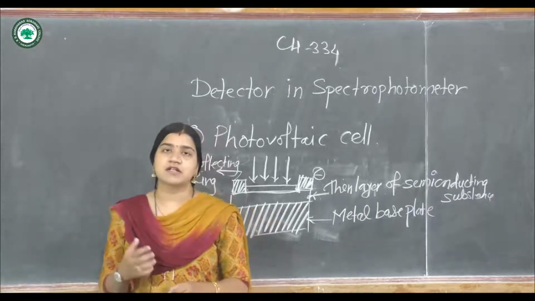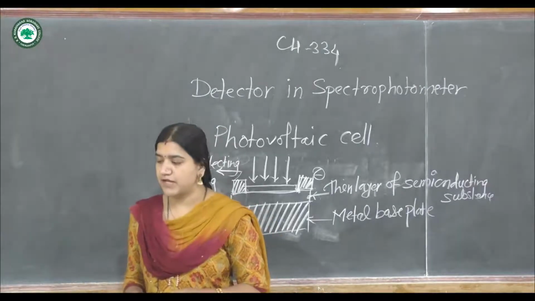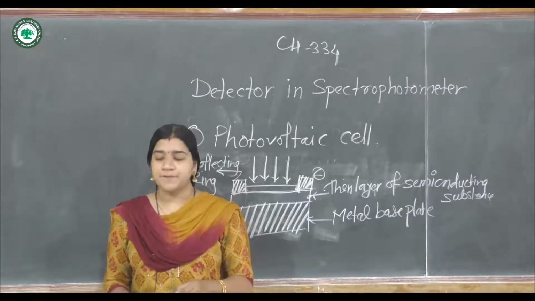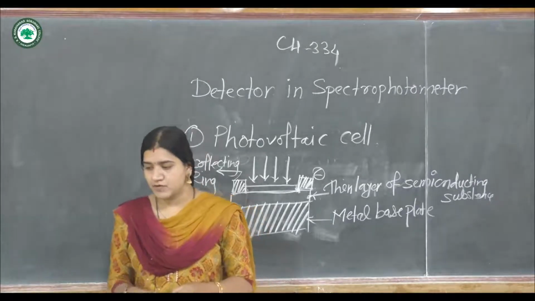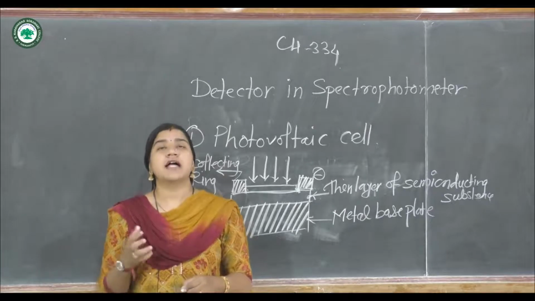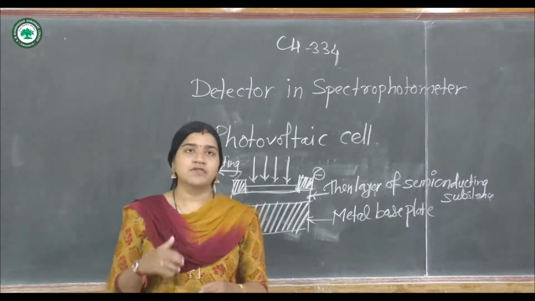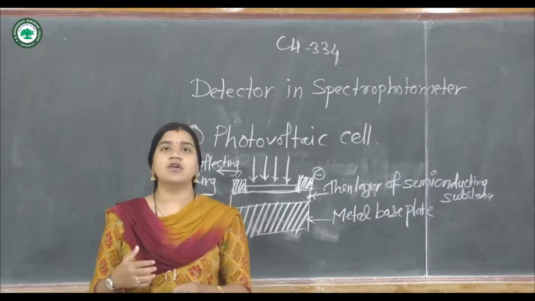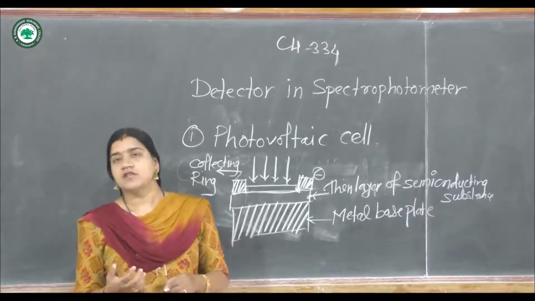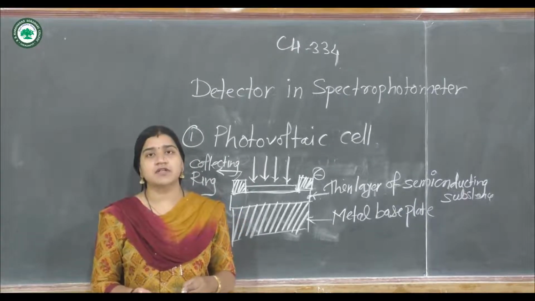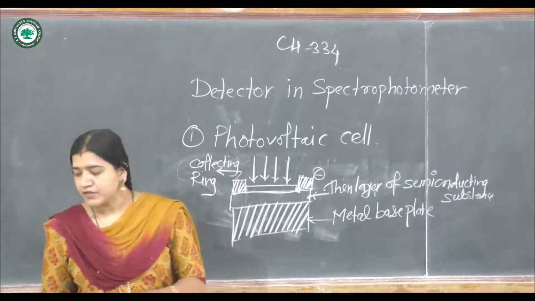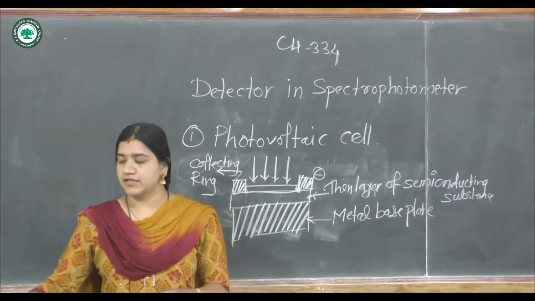These electrons are collected by the silver metal plate and accumulated on the silver surface. As a result of the amount of incident radiation, a voltage is generated, and this voltage is recorded in the external circuit.